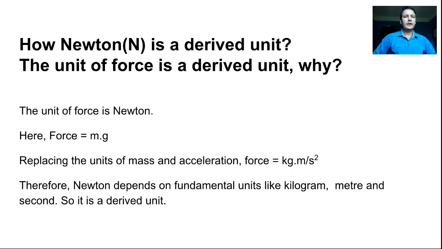Replacing the units of mass and acceleration, force becomes kg meter per second square. So the fundamental units involved in Newton are kg, meter and second square. Therefore, Newton depends on fundamental units like kilogram, meter and second, so it is a derived unit.